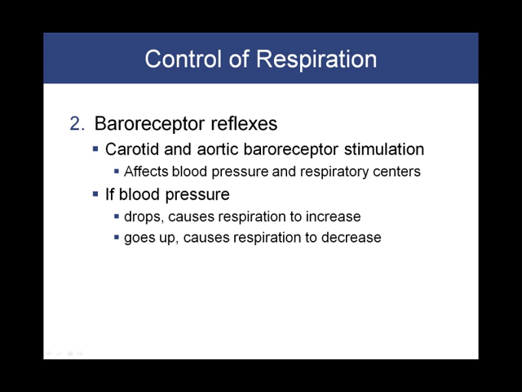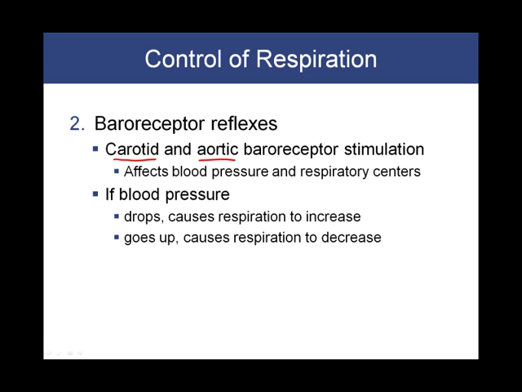Baroreceptor reflexes. Remember that baro refers to pressure. These are pressure receptors. These pressure receptors that cause baroreceptor reflexes are in the carotid arteries and aorta, the same places that some of the chemoreceptors are located. So you do have chemoreceptors and baroreceptors in the aorta and the carotid arteries.